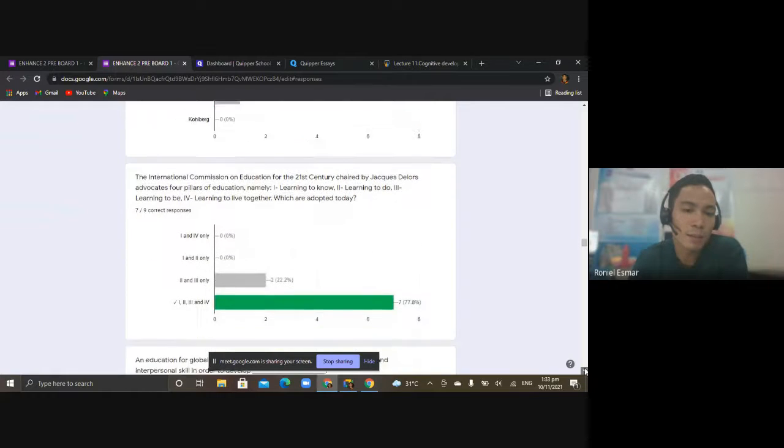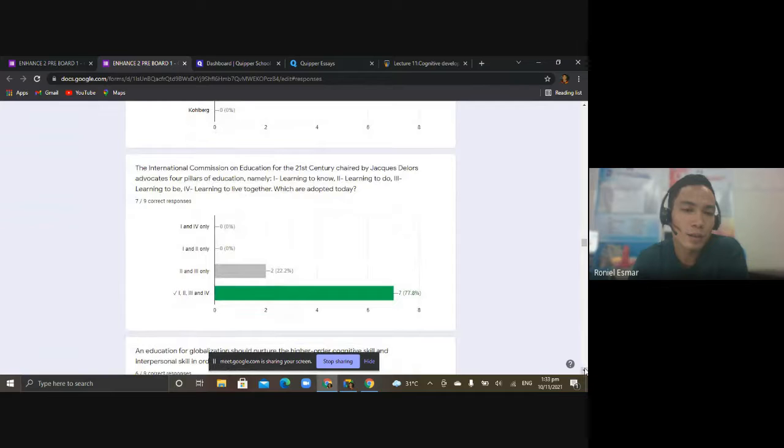Next item: the International Commission on Education for the 21st Century, chaired by Jacques Delors, advocates four pillars of education, namely learning to know, learning to do, learning to be, and learning to live together. Which of these are adopted today?